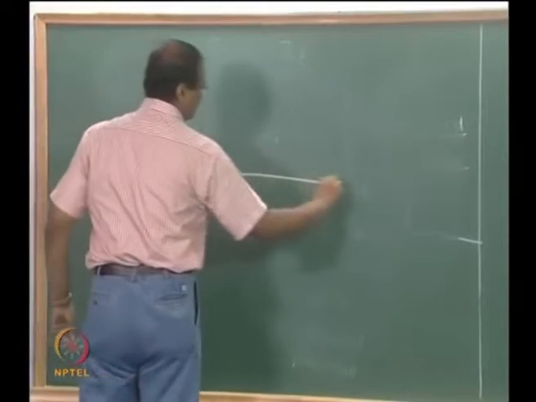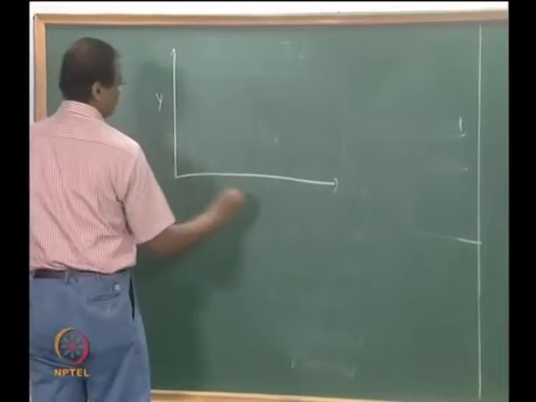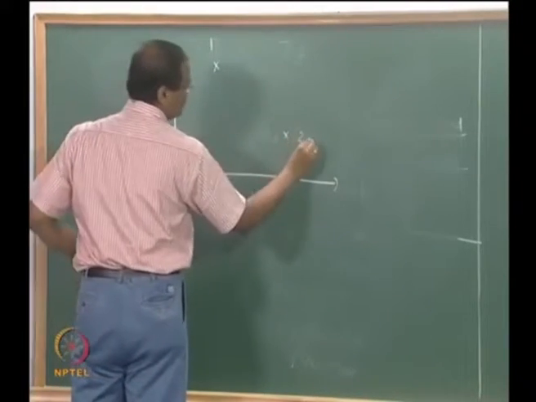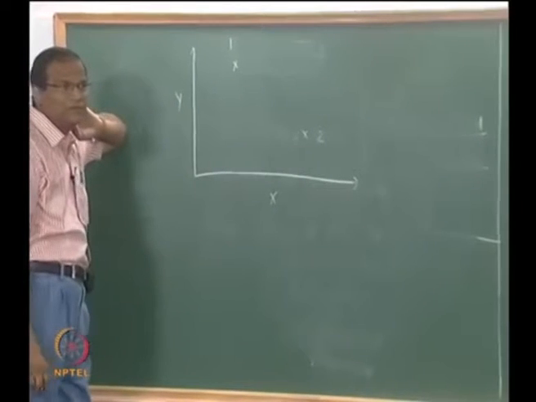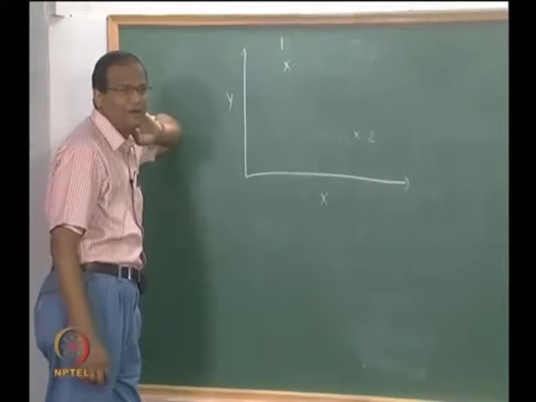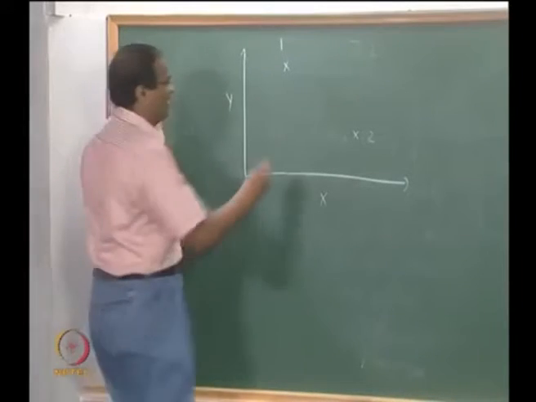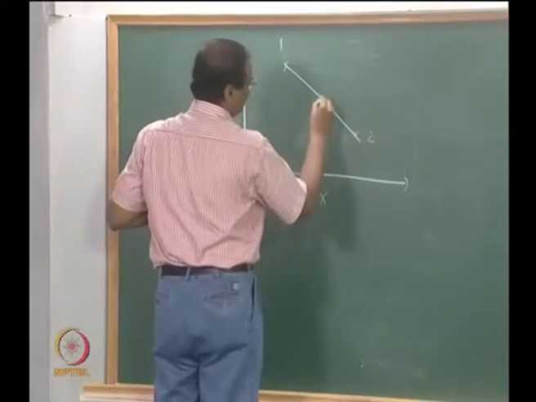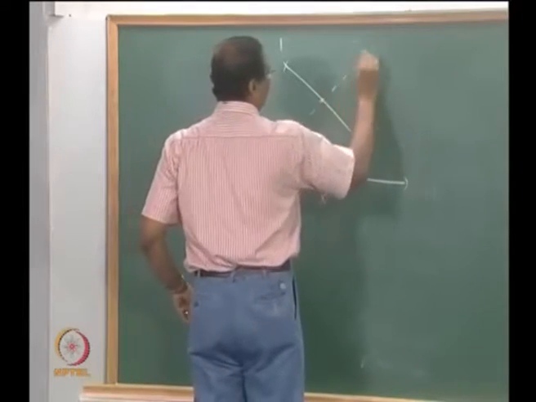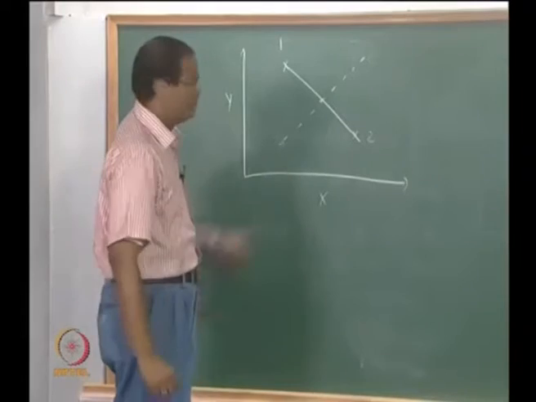Let us take just 2 points for example. I have 2 points, 1 and 2. Common sense tells me that I should join them by a straight line. Suppose I take something here. I propose this line now.